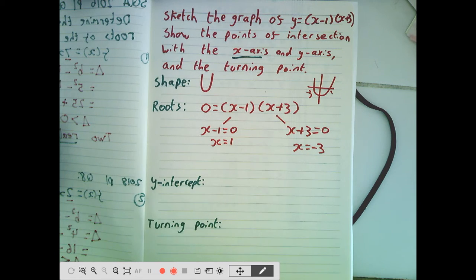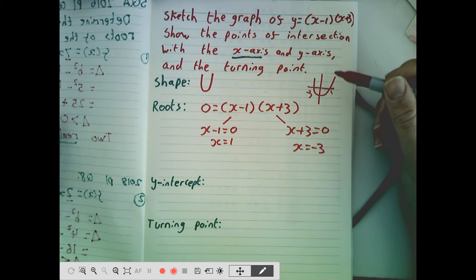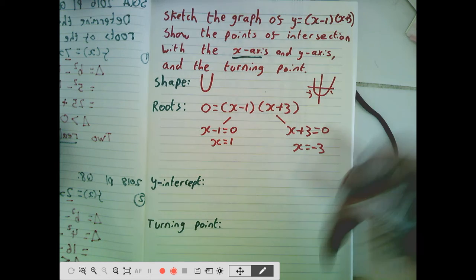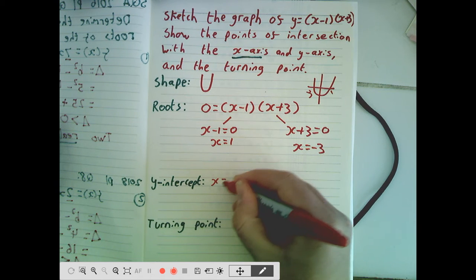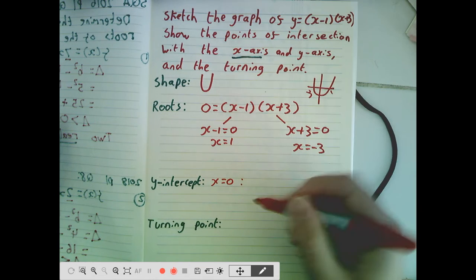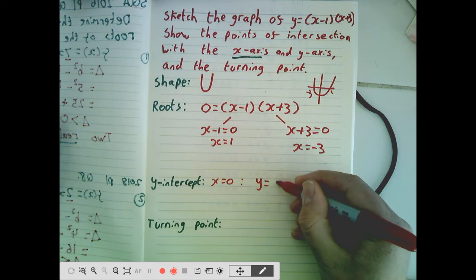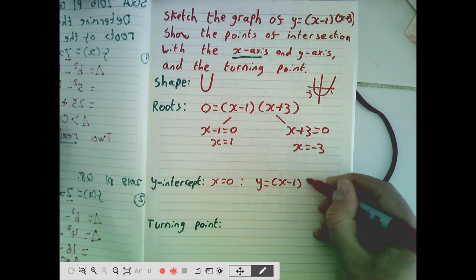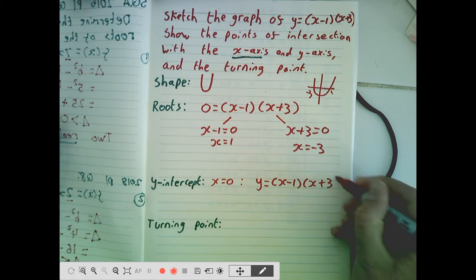Okay, the y-intercept. If you ever need to find the y-intercept, it's the point in which x is 0. So what we do is we say let x be 0, and let's substitute it into our equation. So we've got y equals (x minus 1)(x plus 3).